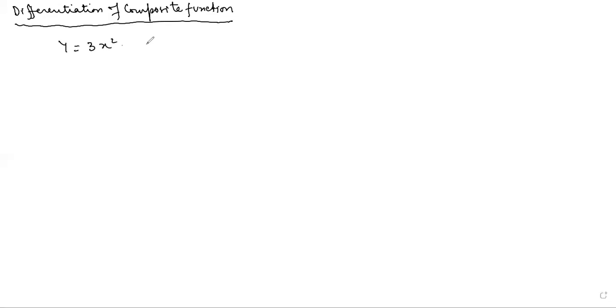3x squared minus 4x plus 1. The power of the function is 1. We want to find out dy by dx. We will apply d over dx on both sides. As the whole power of the function is 1, we will multiply d over dx with all the terms.